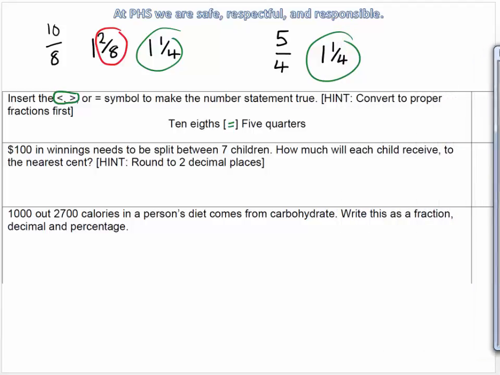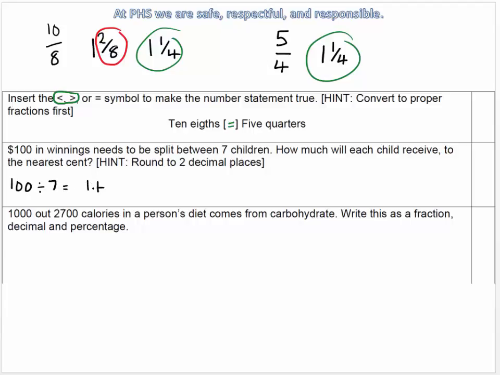So let's write that down. 100 divided by 7 equals 14.28571429. Now this was testing how well you learnt rounding.